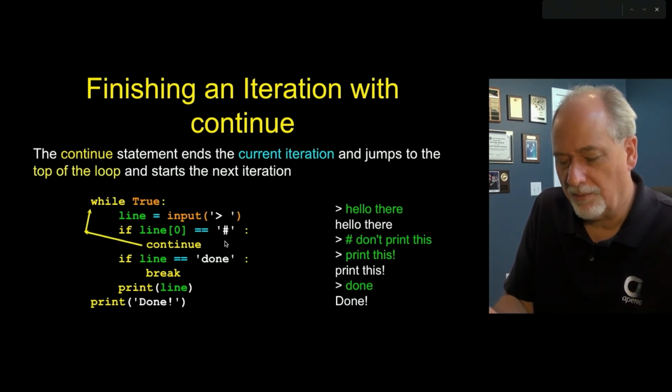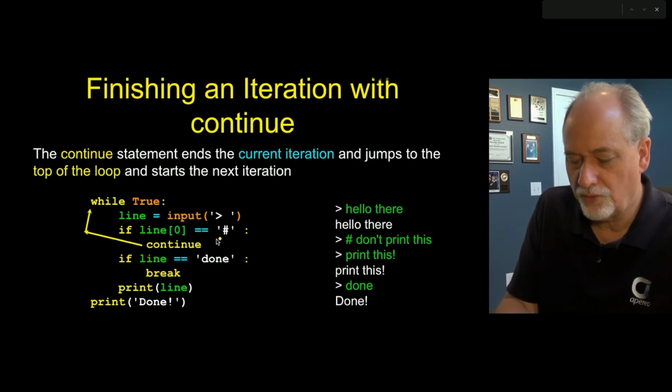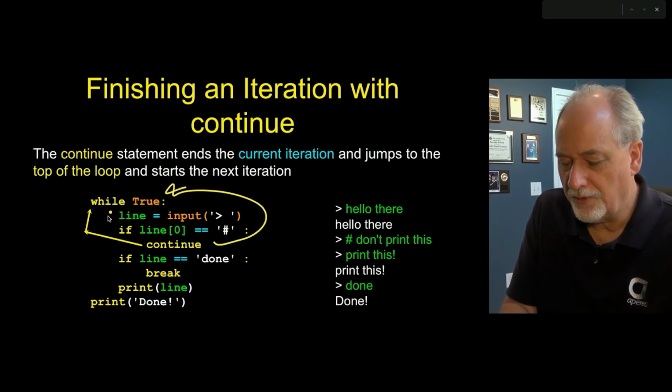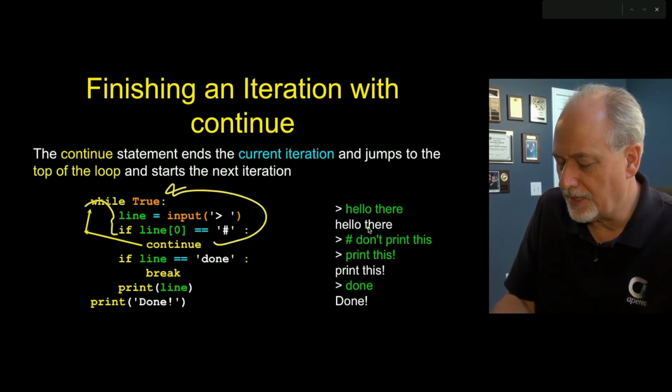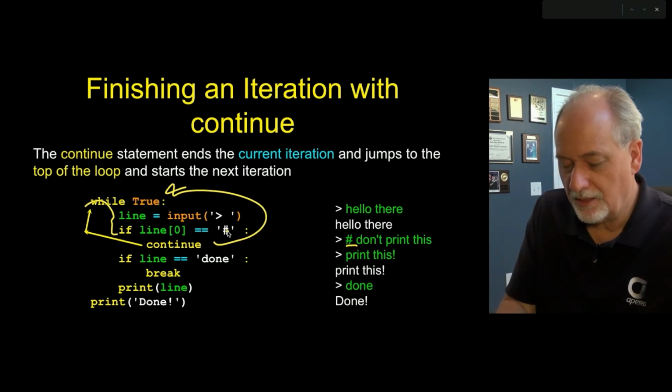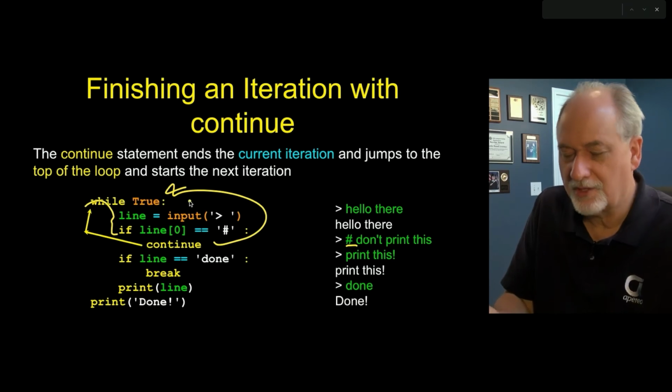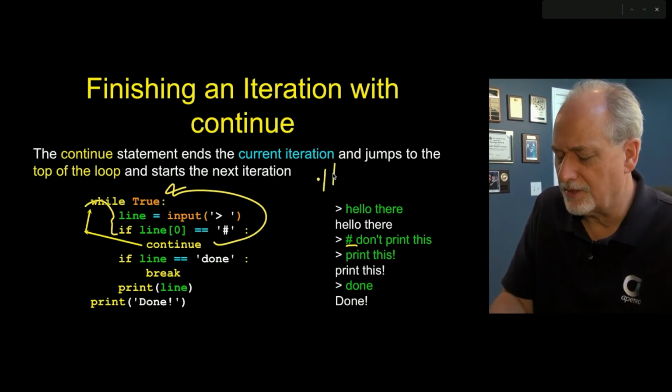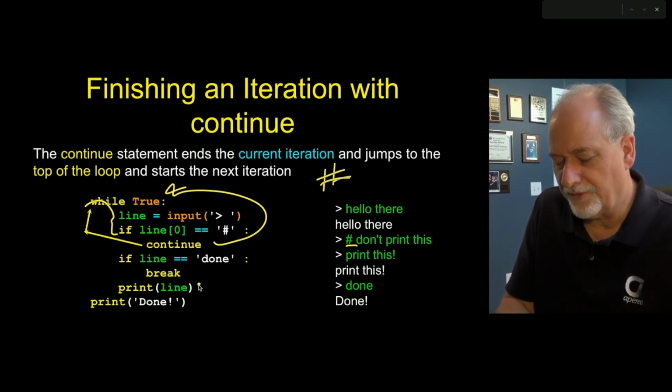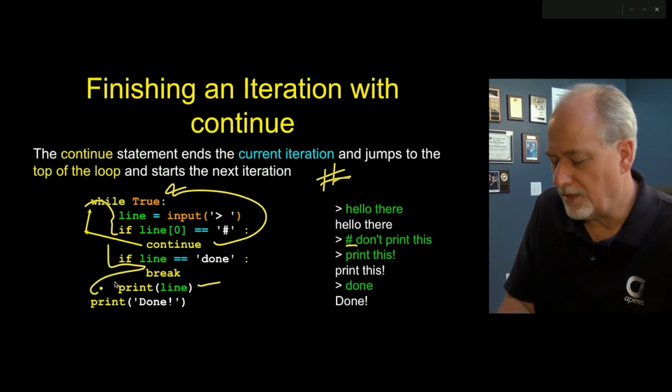So here we read a line. If the first character is a pound sign, line sub 0, we're going to skip it. And this is a way for us to make little comments in our typing. And then we print, if the line is done, we get out, and otherwise we print it.